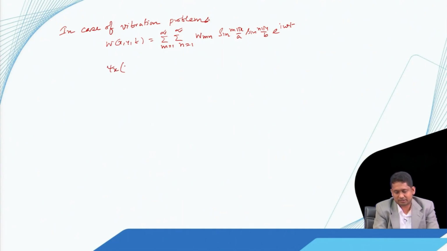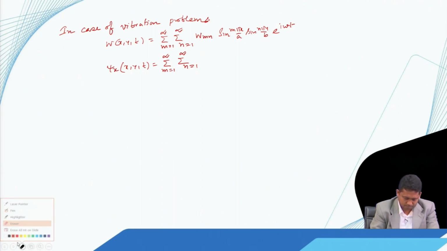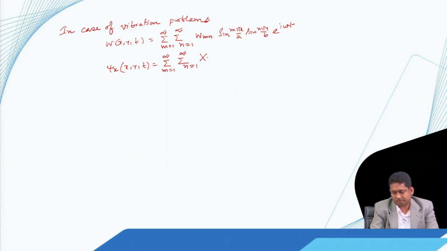Now, psi x of x y t is also like this: n equal to 1 to infinity, m equal to 1 to infinity, capital X m n, and then cosine m pi x by a sine n pi y by b e to the power i omega t.